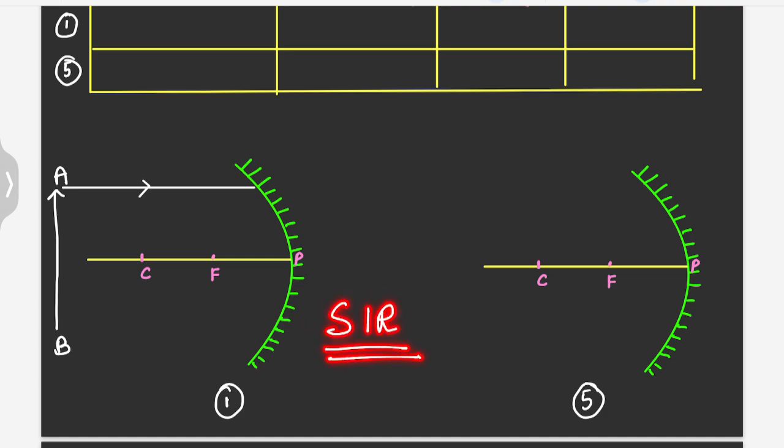If you have not watched that video, watch it, you will get an idea. If a ray is parallel to the principal axis, it will always reflect through F, that is the principal focus. So I'll reflect this at F. This is the principal focus, like this. So let us draw the second ray. The second ray we take from here.